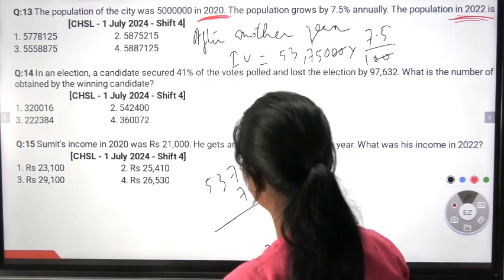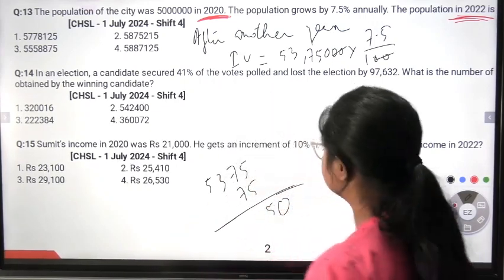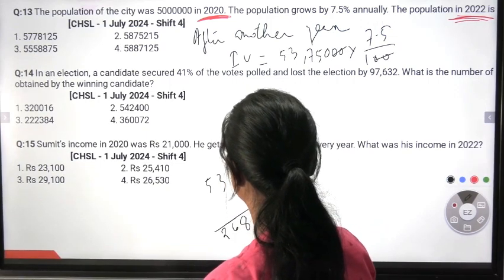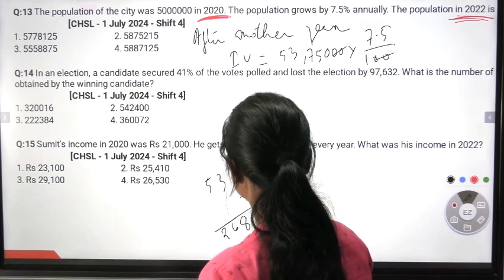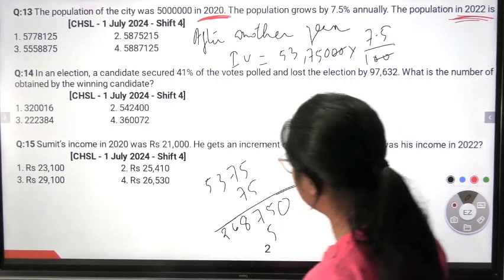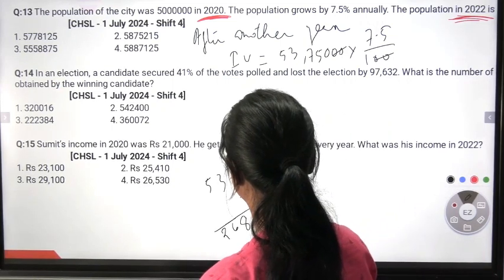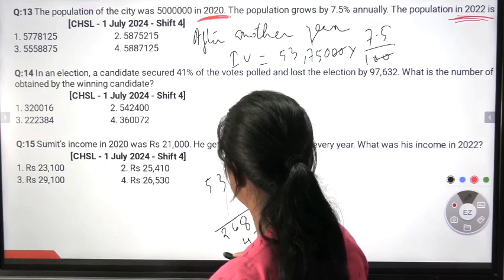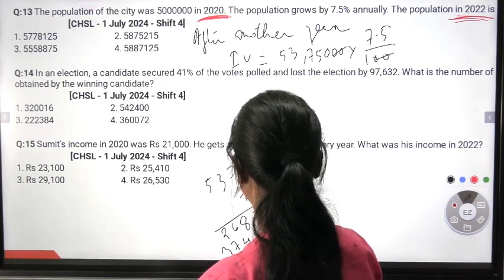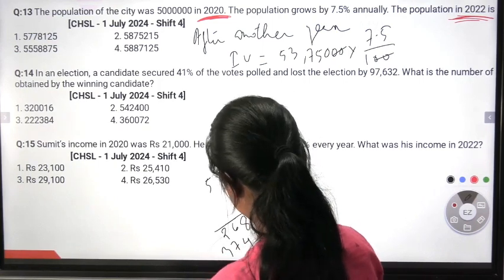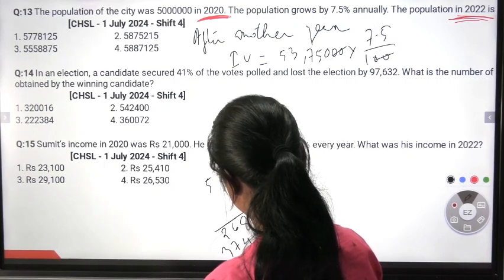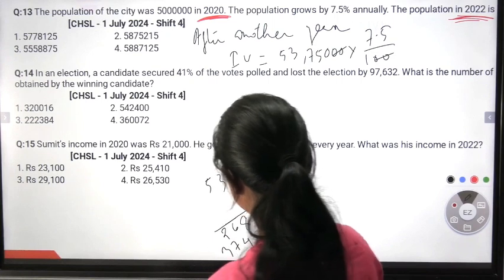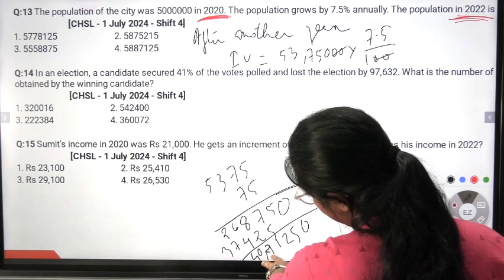so 0 and so if I do this 0, 5, so 4 lakhs this.